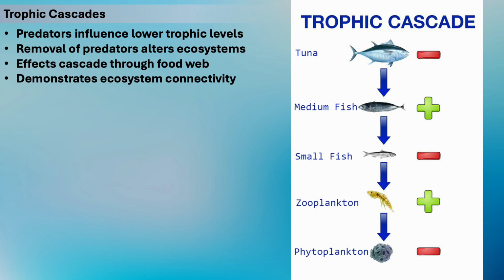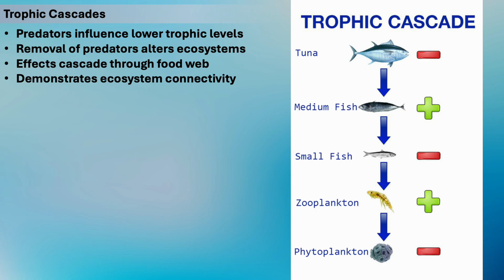These cascading interactions demonstrate how strongly interconnected marine ecosystems are. Changes affecting one species can influence multiple trophic levels, sometimes producing unexpected ecological consequences. Human activities such as overfishing can also trigger trophic cascades by removing top predators from marine ecosystems.